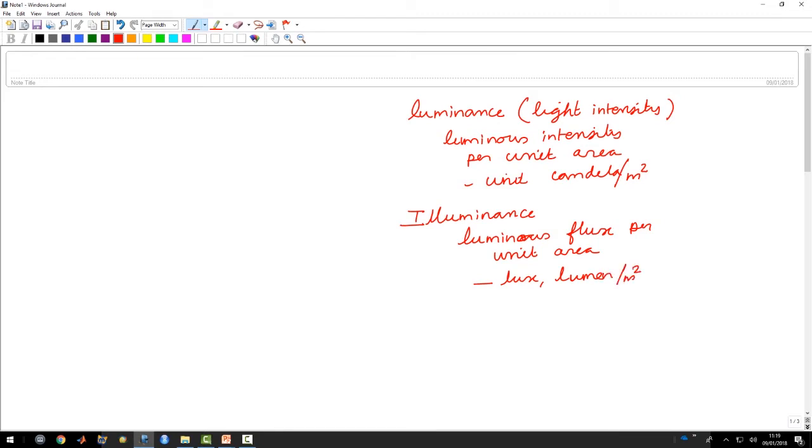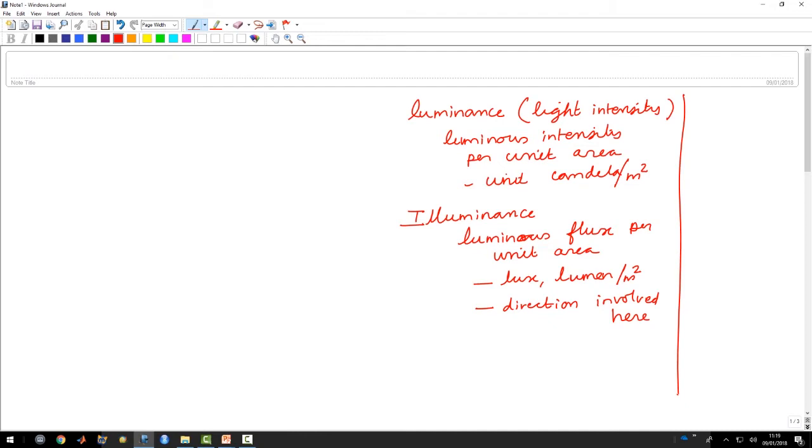So the main difference between this and luminance is that there is no direction involved over here. So these are the involved physical properties of the light.